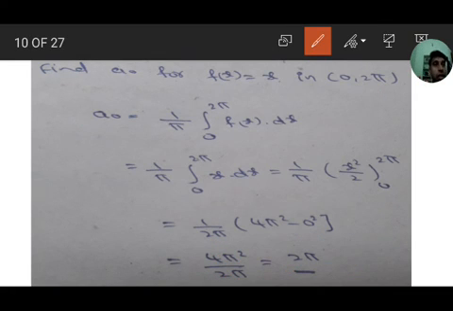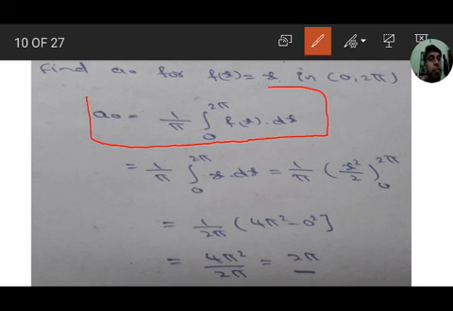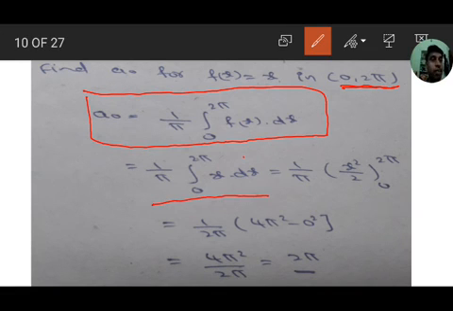Let me repeat once again. Find the Fourier coefficient a naught for the function f of x in the interval 0 to 2 pi. The formula is a naught equal to 1 by pi integration 0 to 2 pi f of x dx, because the interval is 0 to 2 pi, so the limits are also 0 to 2 pi.